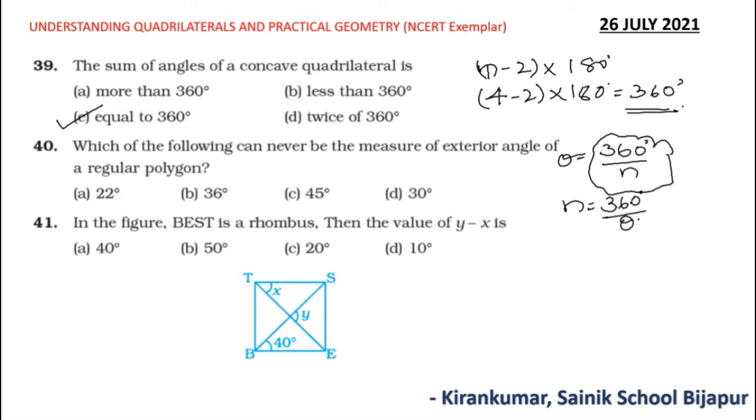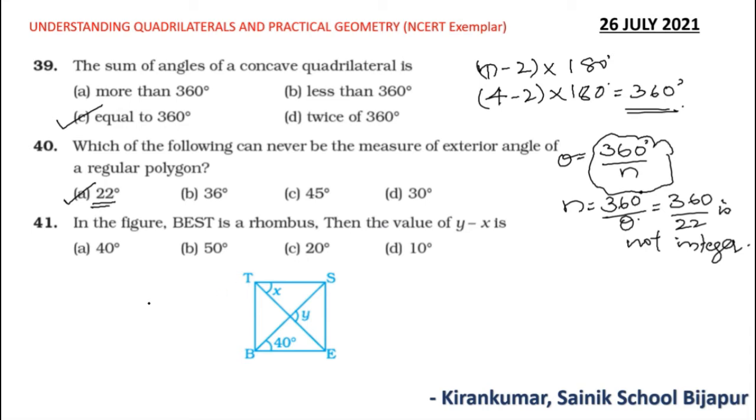Divide 360 by each of these. In option A, we get some fraction here. 360 divided by 22 is not an integer. When it is not an integer, it cannot be the angle.